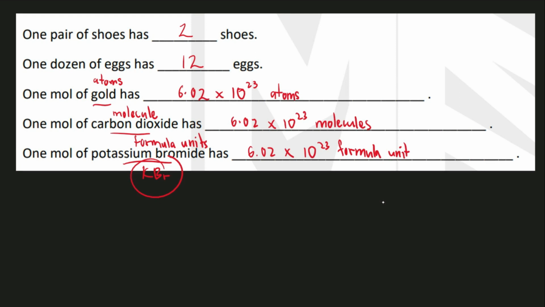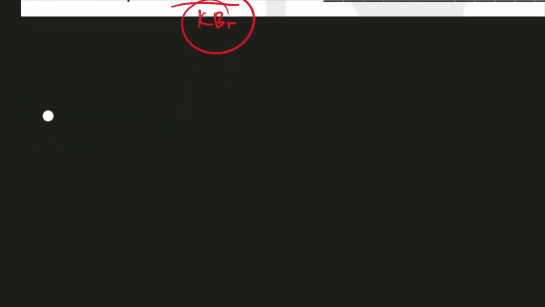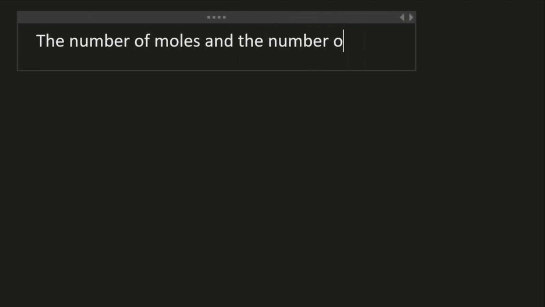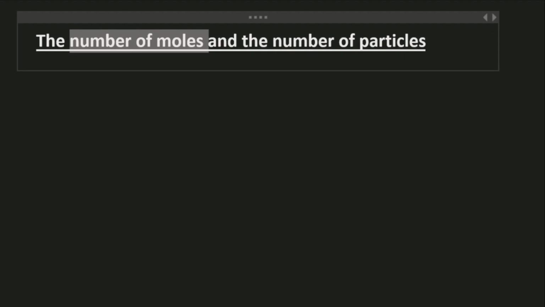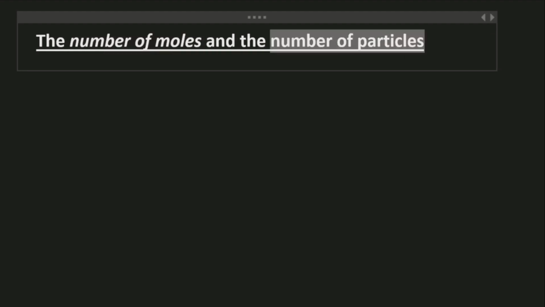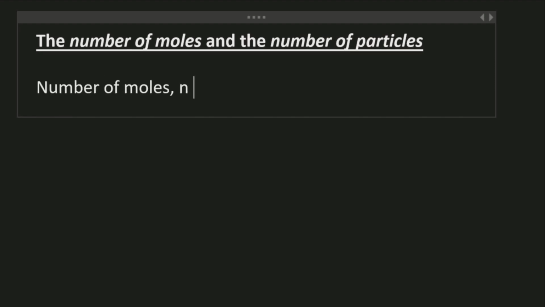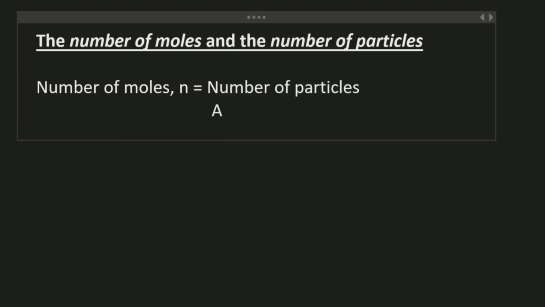Now that we understand what a mole is, first let's look at the relationship between the number of moles and the number of particles. They are related by the formula: the number of moles, N, is equal to the number of particles divided by Avogadro's constant.